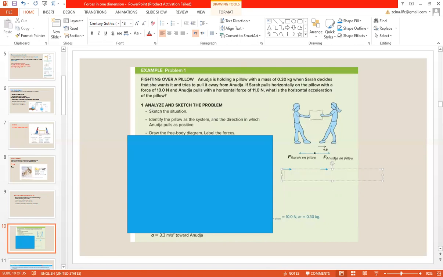So F net equals m times a. What are the forces that are acting? It's F Sarah plus F Anuja plus Fg, which is the weight of the object, equals m times a.